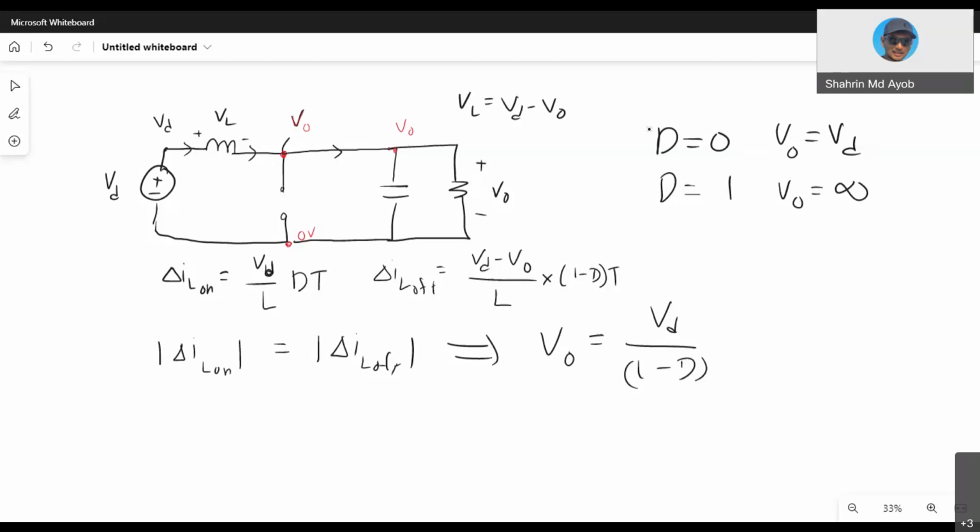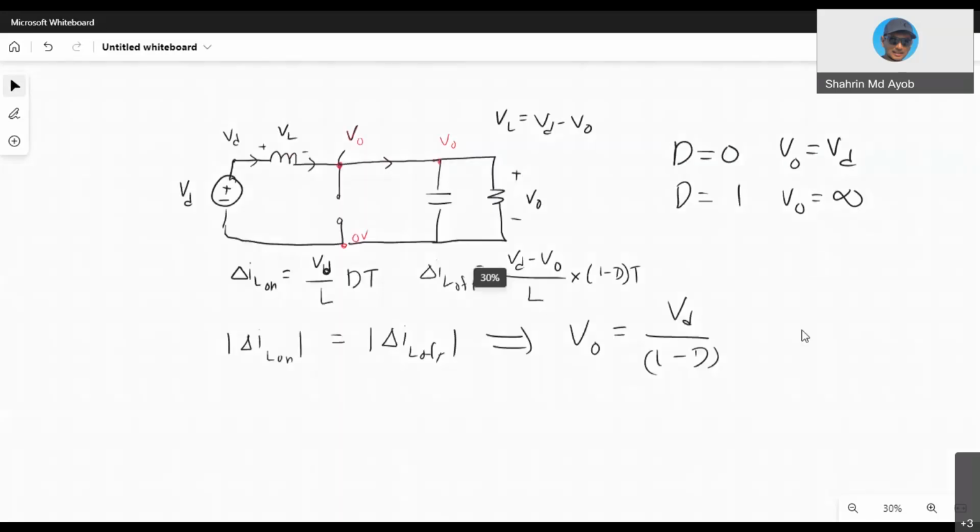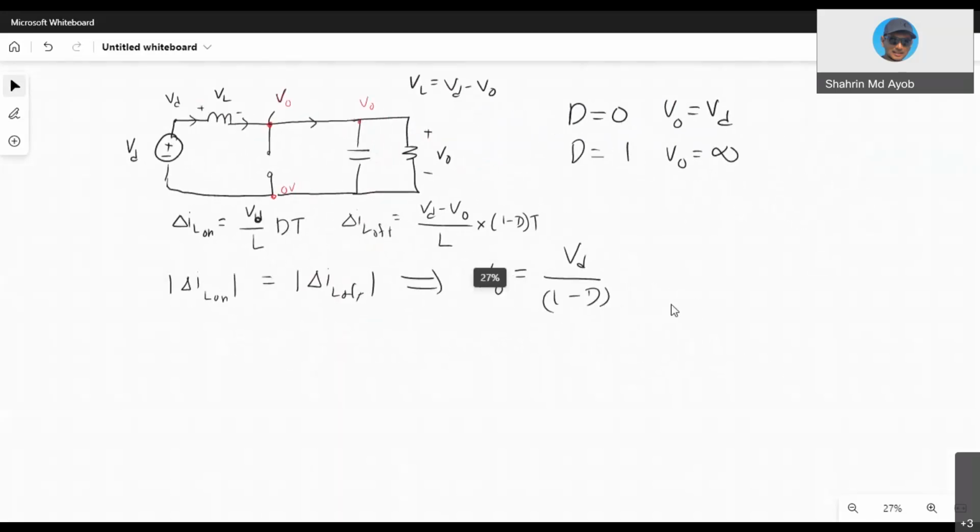So if your D is 1, your output voltage will be infinity. And then another part is the determination of the L min.